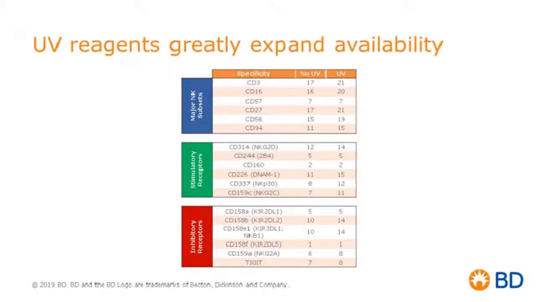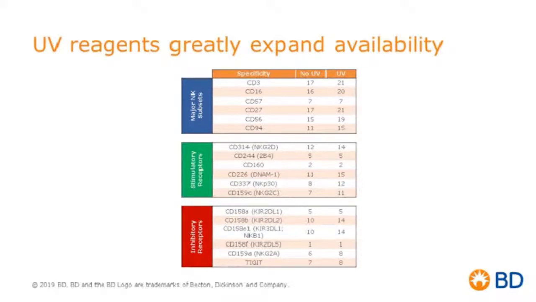This next slide speaks about the concept we were talking about, having more flexibility now in your panel design. So for panel design, we take into consideration the biology, the expression level, the fluorochrome brightness, but a limiting factor sometimes is the reagent availability. And when we have a lot of redundancy on the formats and on the dyes that we have available for each specificity, that might impact our ease of panel design.